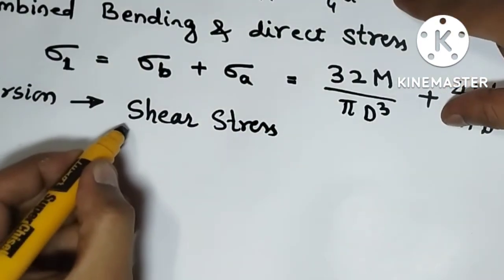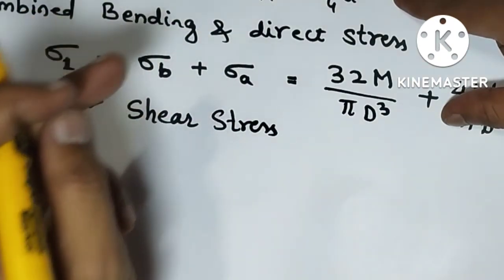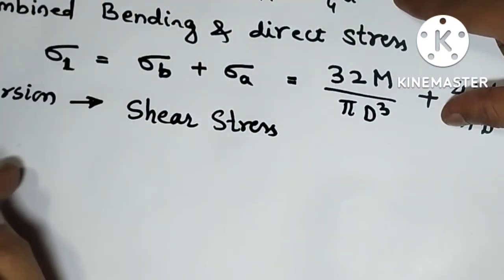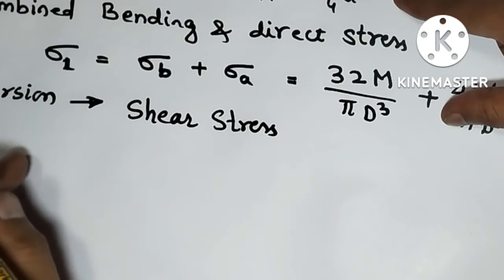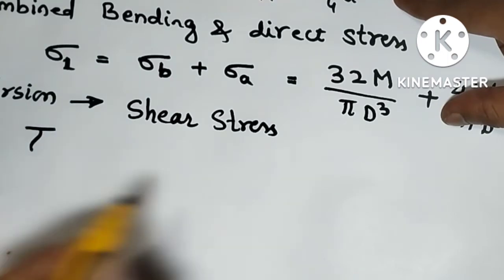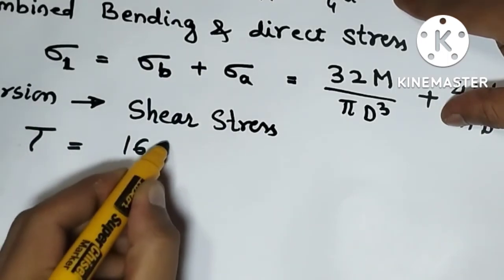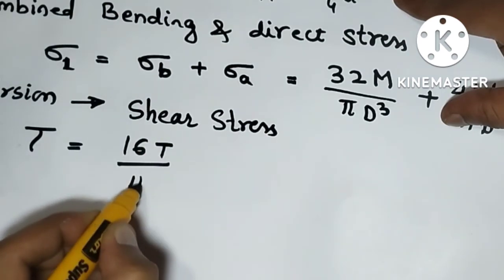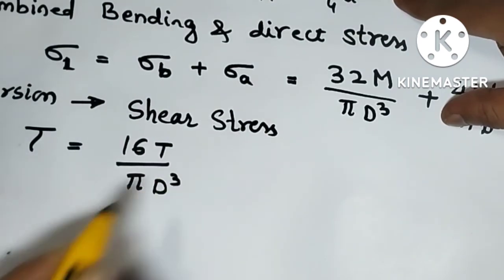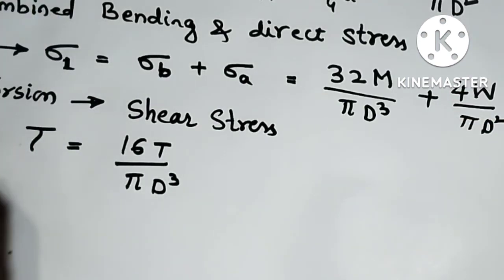For this also we have derived using the torsion equation, that is T by J is equal to tau by R is equal to G theta by L. Using that equation, by considering the strength, we have derived the shear stress, that is tau is equal to 16T by pi d cube. So these two are for bending and thrust, and this is for the torsion.